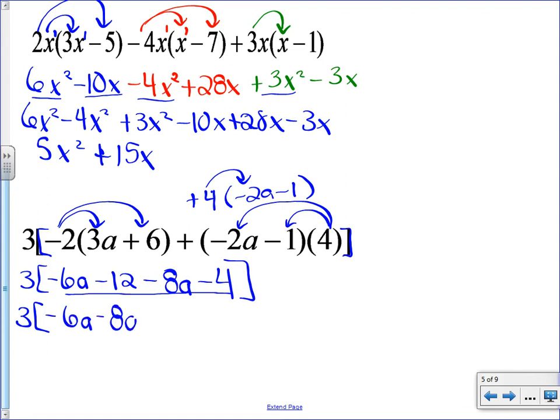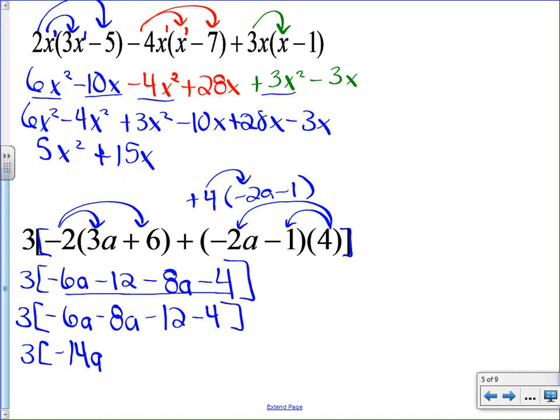Good. Okay. And then Laura, how does this simplify? Nope, I'm not going to do that. I'm simplifying the inside of the bracket. Good. And what do you get? Negative 14. Good.